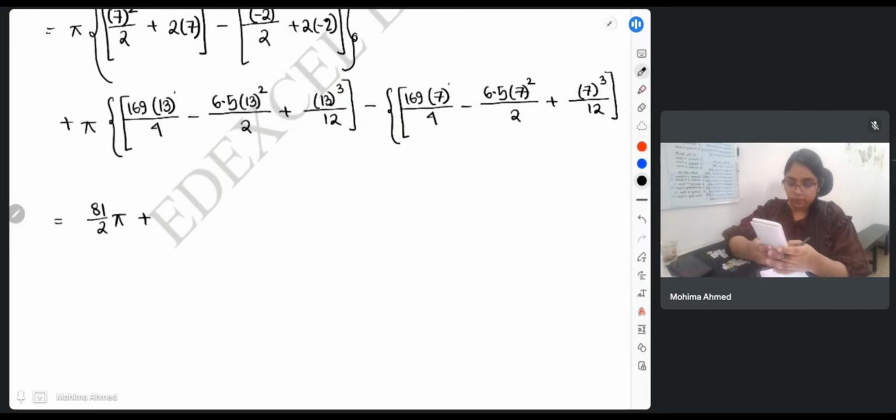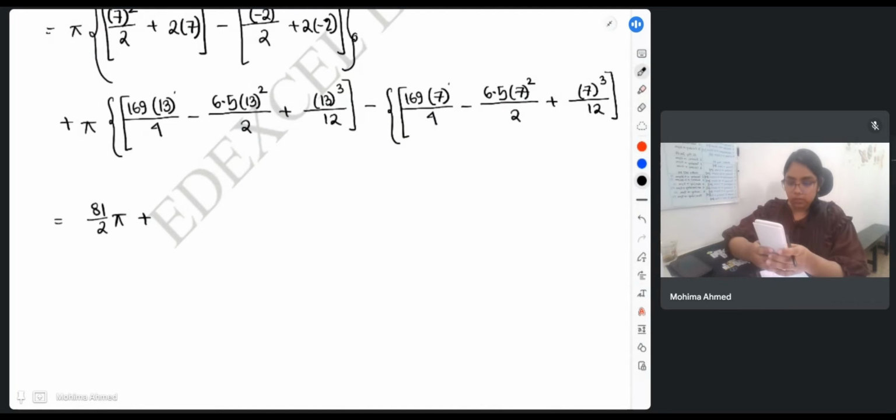And for the last section, you have 169 multiplied with 13 divided by 2 minus 6.5 multiplied with 13 square divided by 2, and then again plus 13 cube divided by 12.